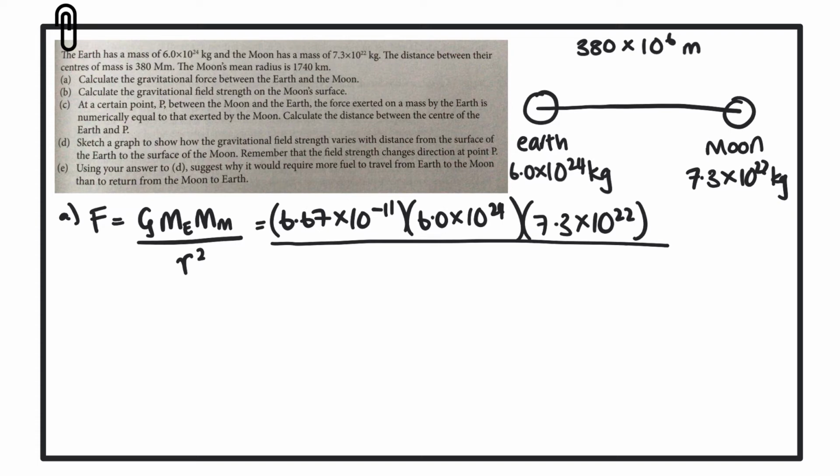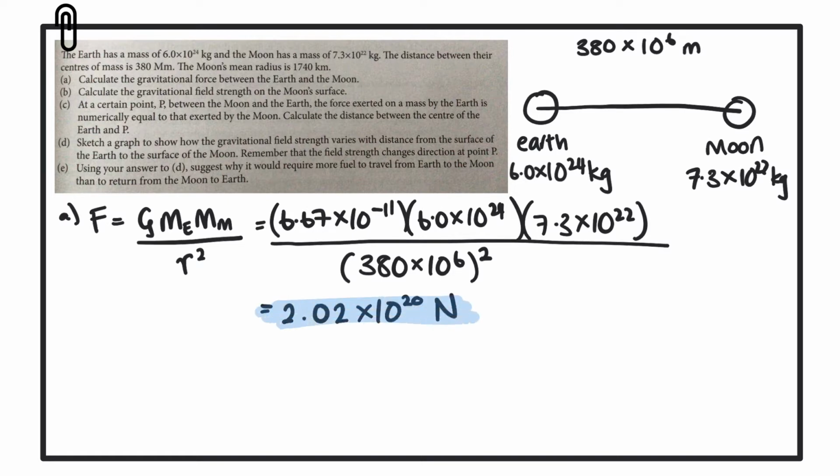So remember that separation needs to be in meters, so we've already converted it when we added it to the diagram. And then we just need to remember to square that. So pop that number into a calculator and we get an answer of 2.02 by 10 to the 20 newtons. And I'm giving that just to three significant figures.